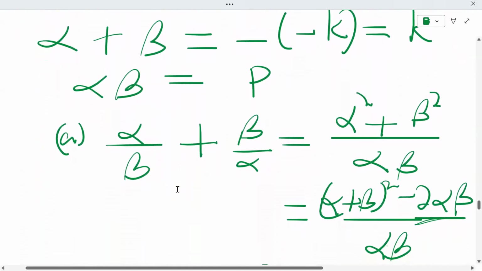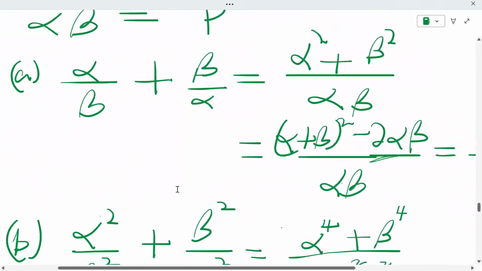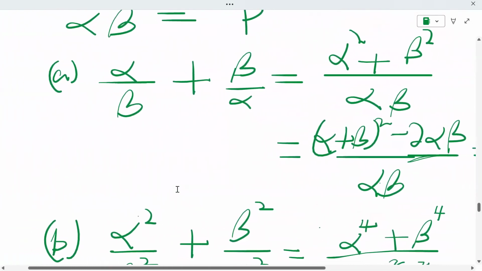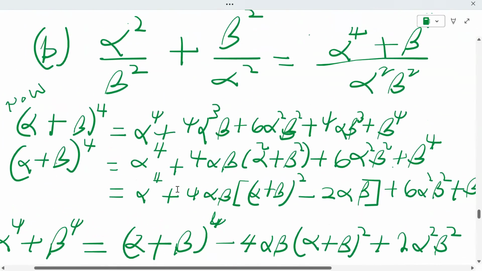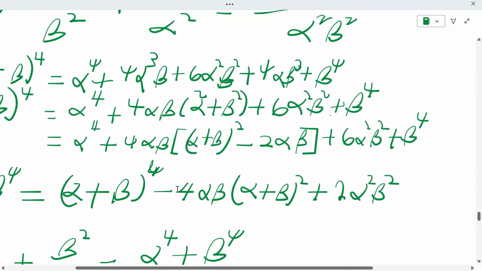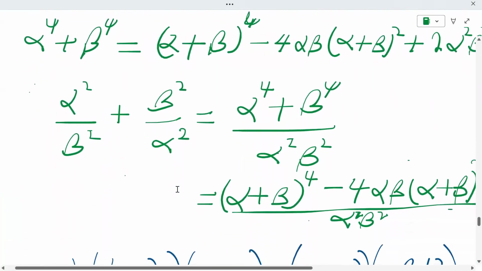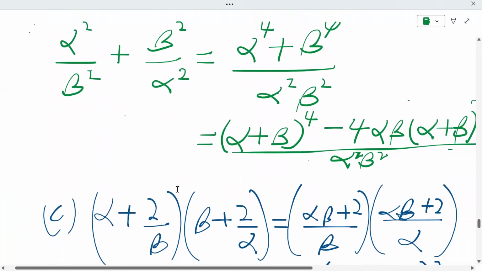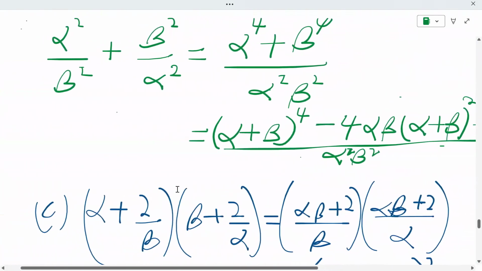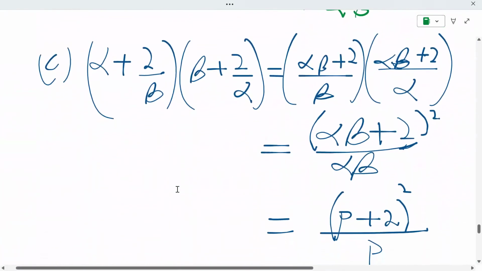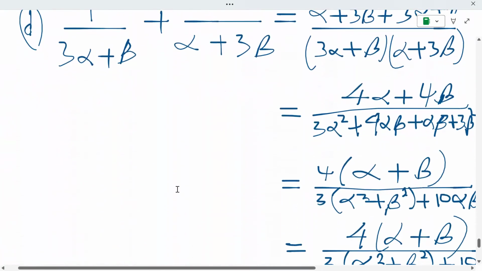Then we moved on to solving A. We went through that. That took us here. Then we went through B. Then we went through C. Then I went through D. Look at the D.